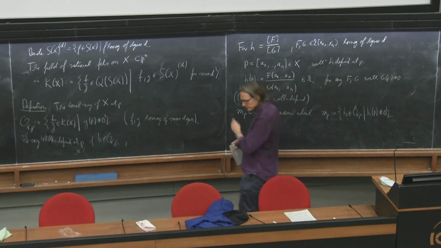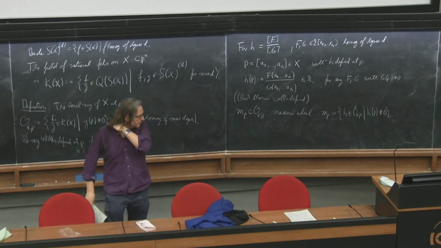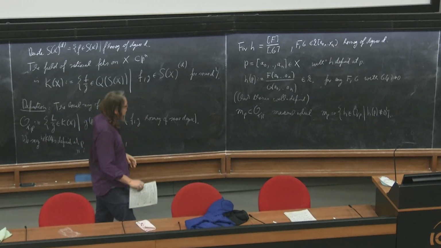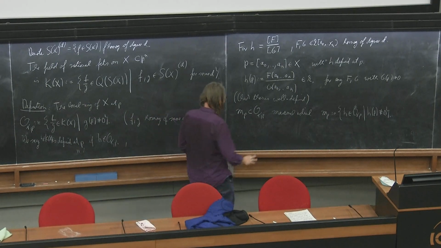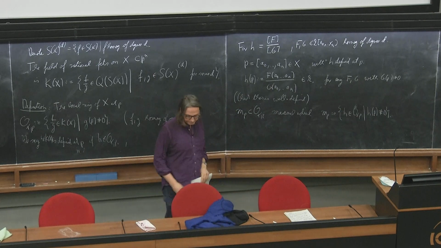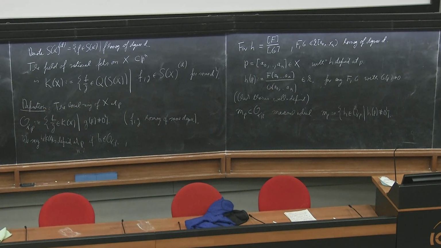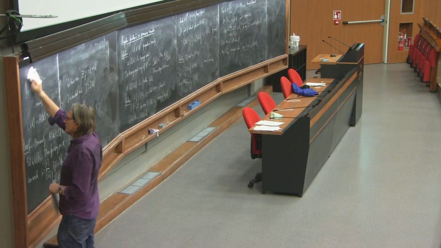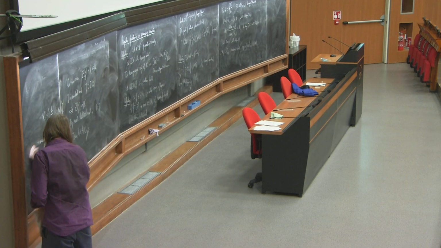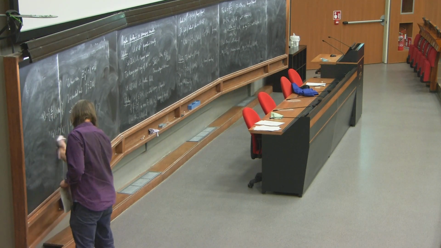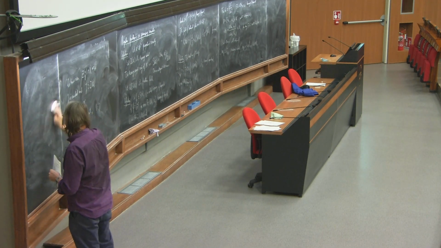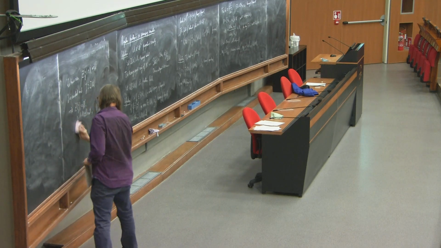Again, this is a maximal ideal, and the complement of this maximal ideal consists only of units. And so again, O_{X,P} will be a local ring. Okay. And finally, you can, as in the affine case, define regular functions on open sets.